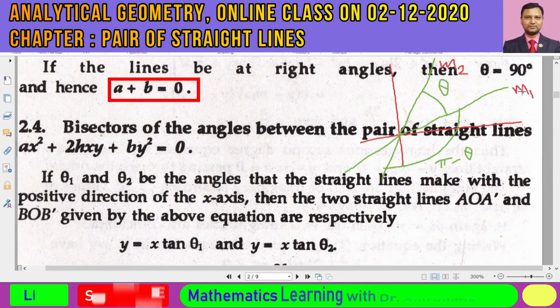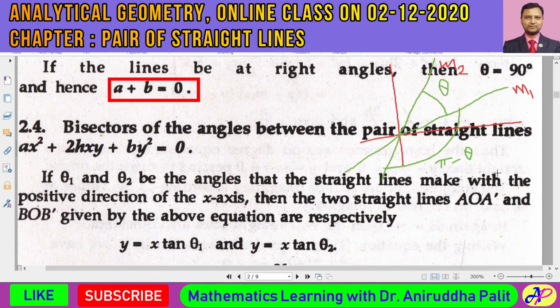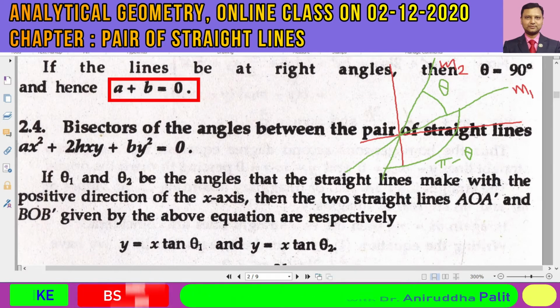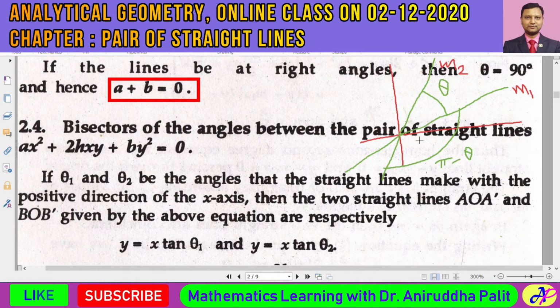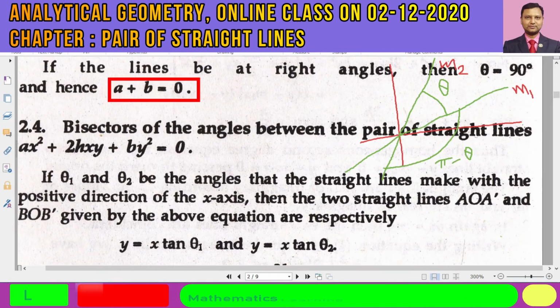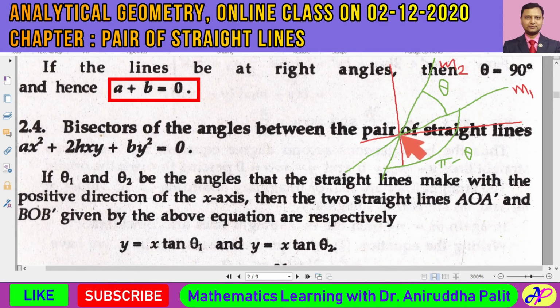Bisector, in Bengali, is called সমদ্বিখণ্ড. That means a straight line which would equally divide the angle theta and the angle pi minus theta. So two straight lines are required. Let me try to draw these two straight lines.